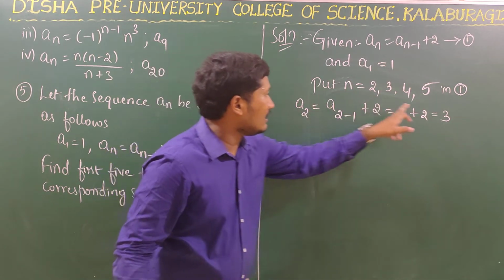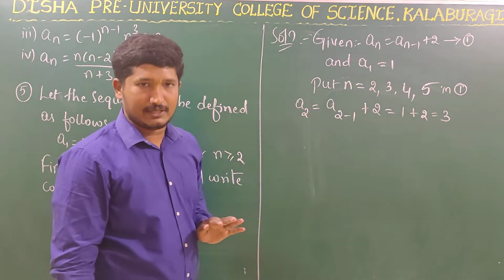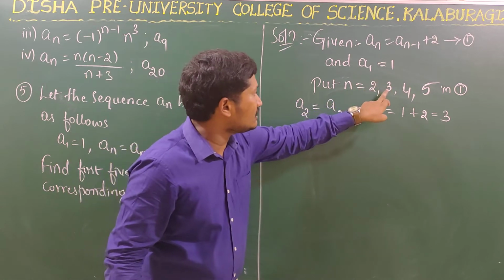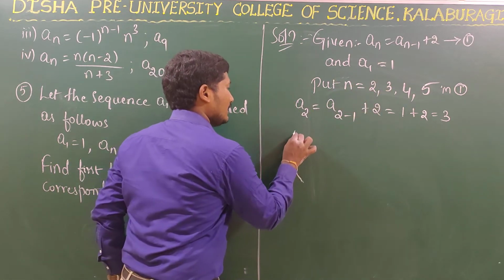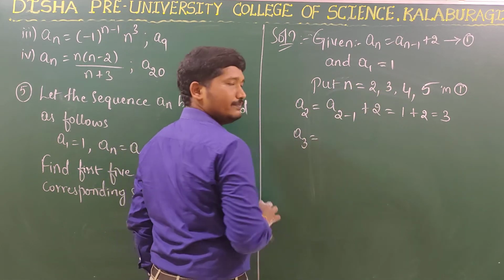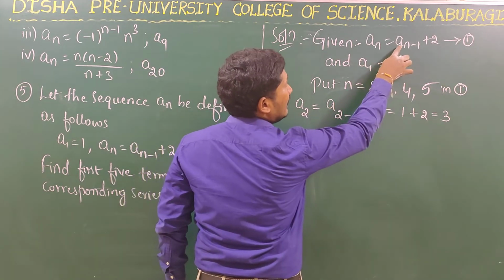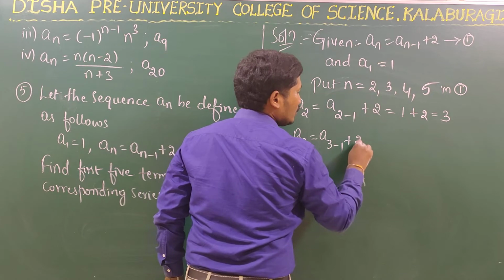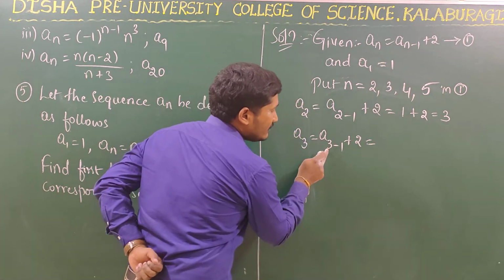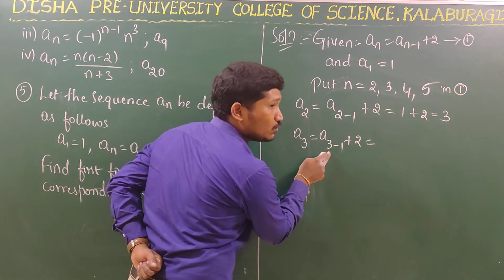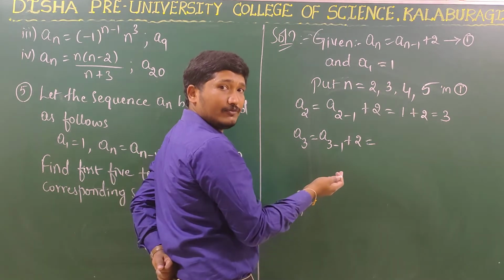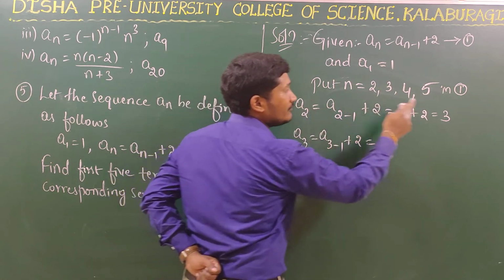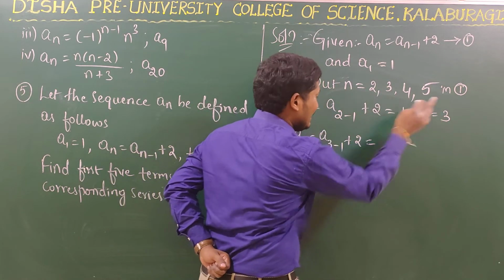So what is the second term of the sequence? 3. Now next, put n is equal to 3. a3 is equal to a3 minus 1 plus 2, and a3 minus 1 means a2, that is the second term of the sequence. What is the second term here? It is 3.